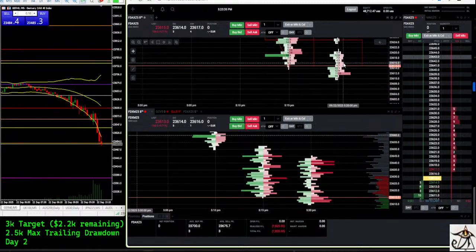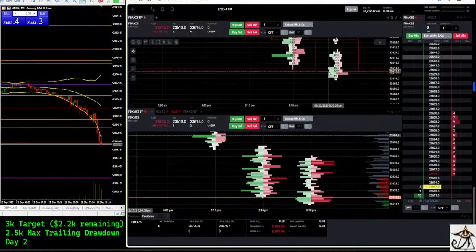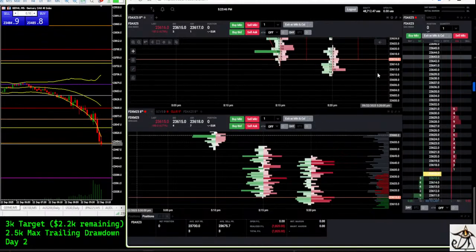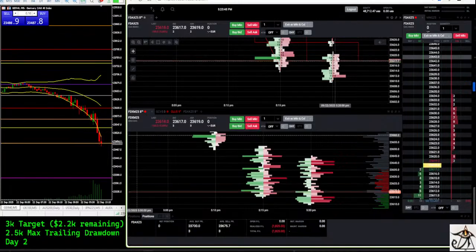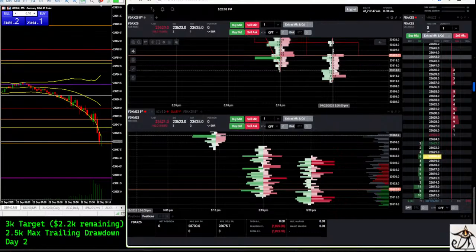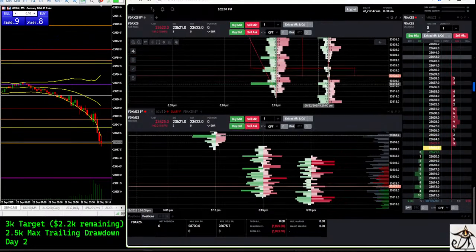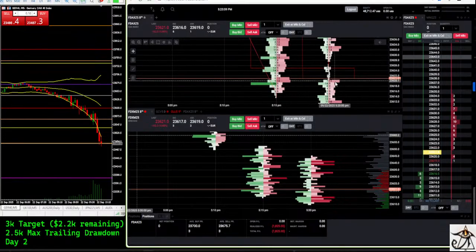It looks to me like the sellers have control at the moment. This 18 contract looks good, but I don't know if it's enough to hold these aggressive sellers that just keep pushing the market down. Basically, whenever there's a buyer come in, a seller comes in on the other side and kind of holds it there. So it's going to take a really aggressive push to break all of this structure.